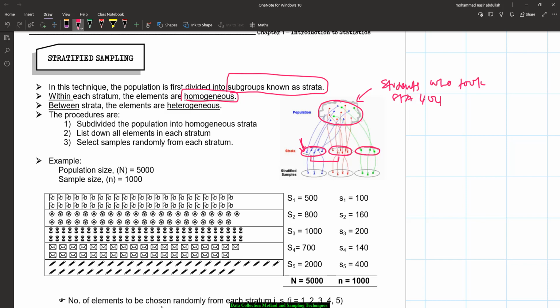But I have 4 groups, 4A, 4B, 6A and 6B. Right? So let's say N for 4A is 30.